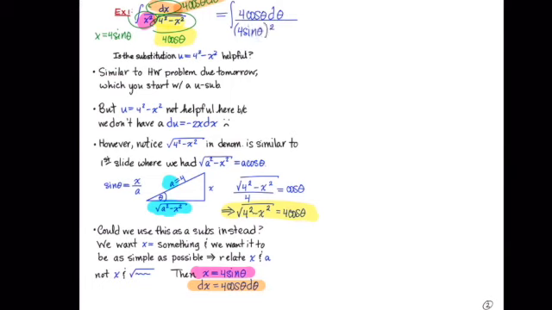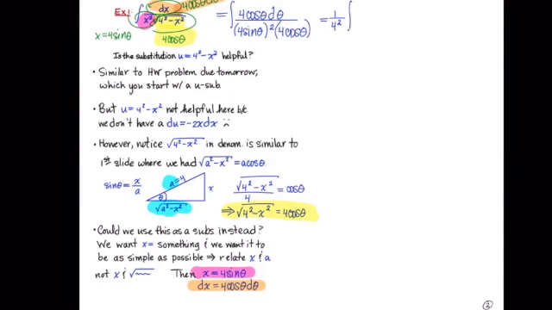And in place of the square root part, we have 4 cosine theta. And now we can simplify this before we integrate. The 4 cosine theta in the numerator and the denominator cancel out. And we have that 4 squared in the denominator, so I'm going to pull that in front of the integral.